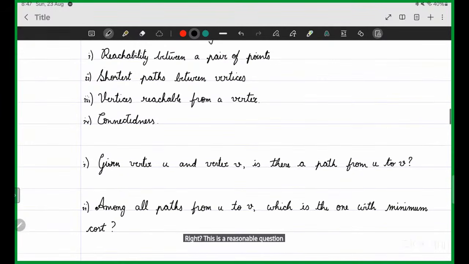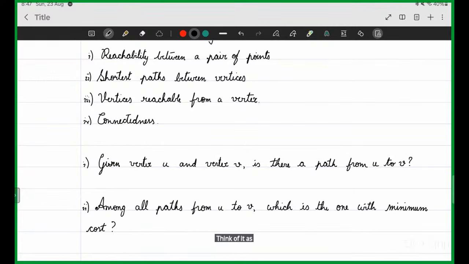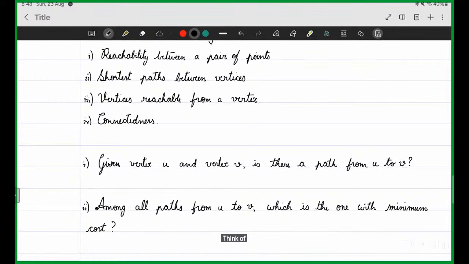So whenever we talk about anything, any question in graph theory, think of it as not abstract, vertices U comma V, then from the edge set I need to find a sequence U W1 W1 W2. Don't think of it that way. Think of it with a picture of whichever model of graphs is favorite of yours.